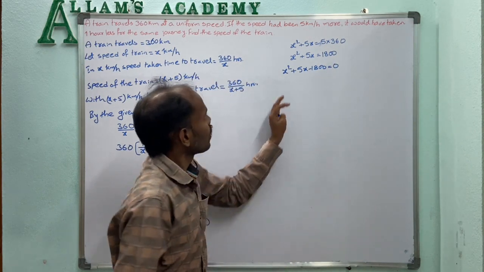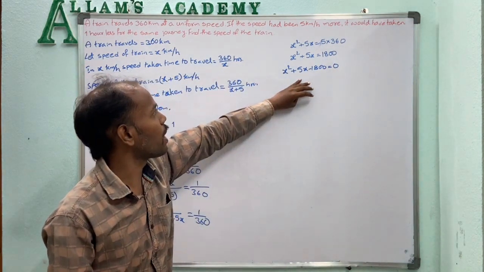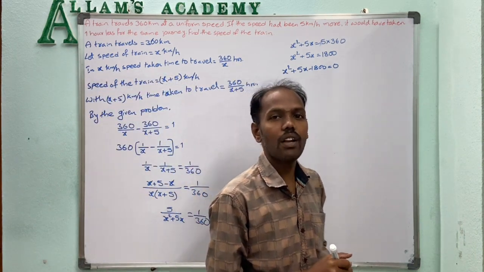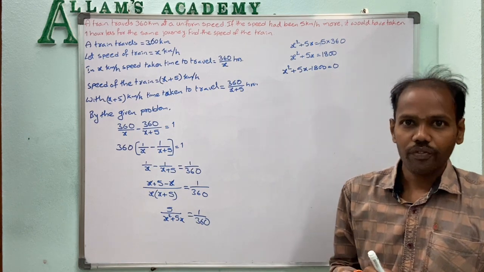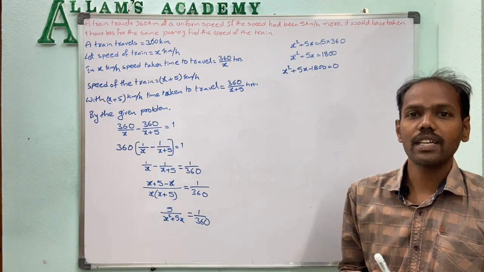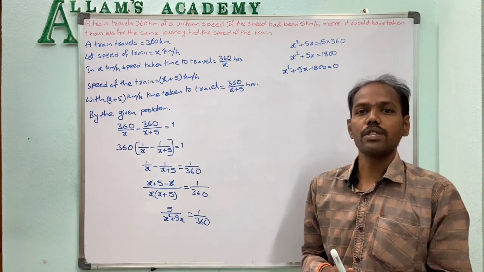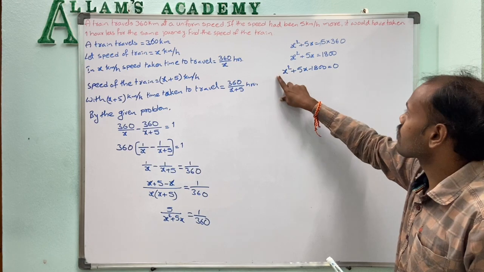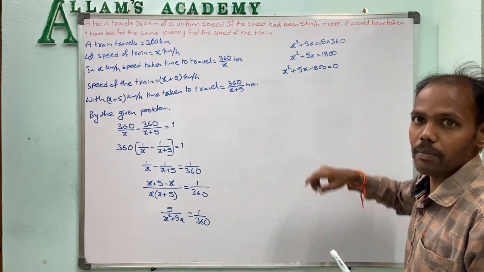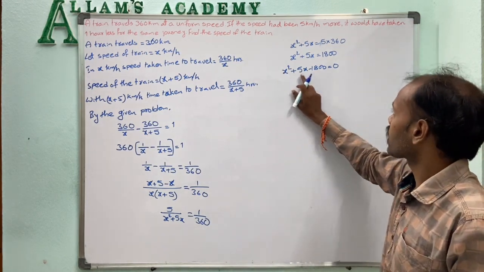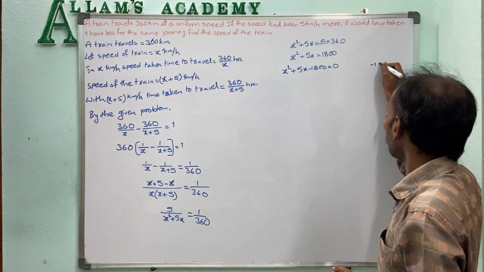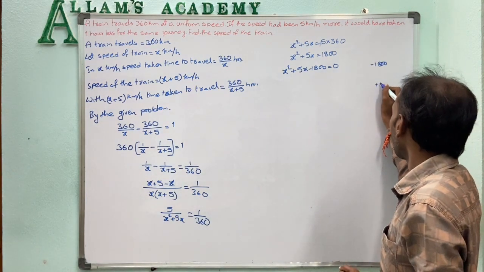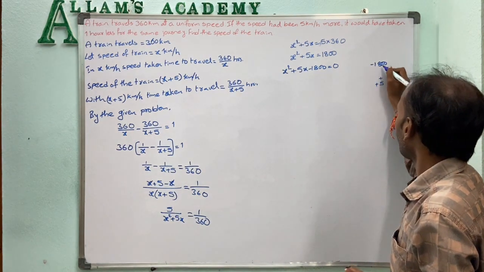So it is a quadratic equation in the standard form. Now this quadratic equation we can solve through the factorization method, otherwise the completing the square method, otherwise the quadratic formula method. If I solve it through the factorization method, the x square coefficient is 1 and the constant term is minus 1800. So by product of two numbers we want to get minus 1800, and the x coefficient is plus 5, so by addition we want to get plus 5.